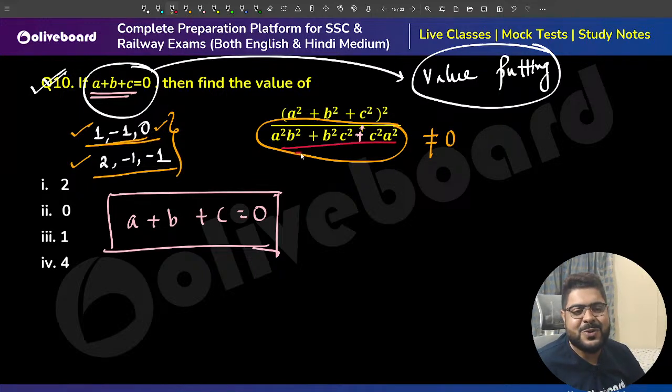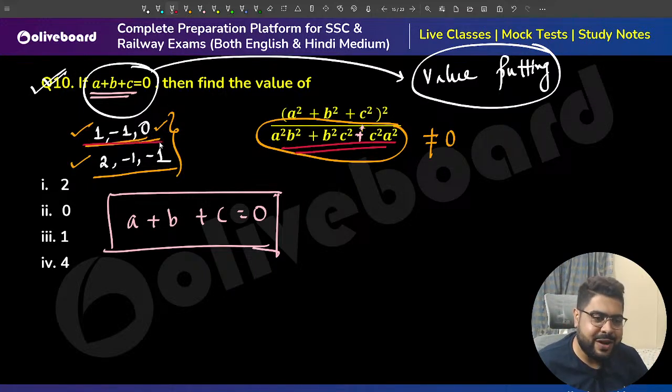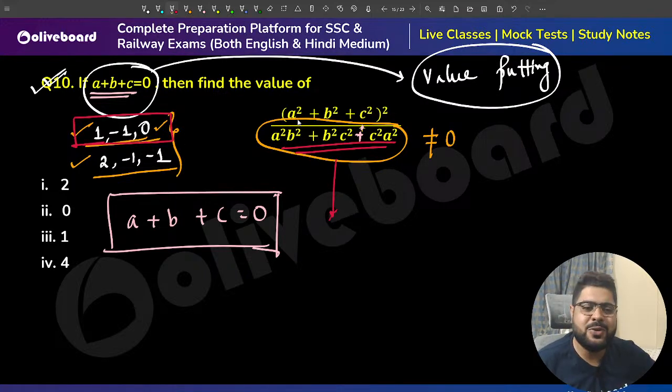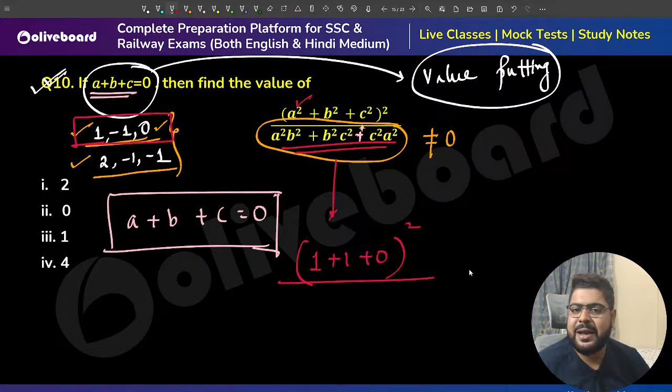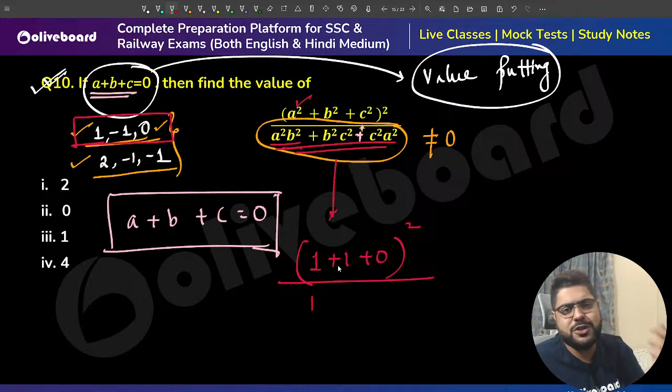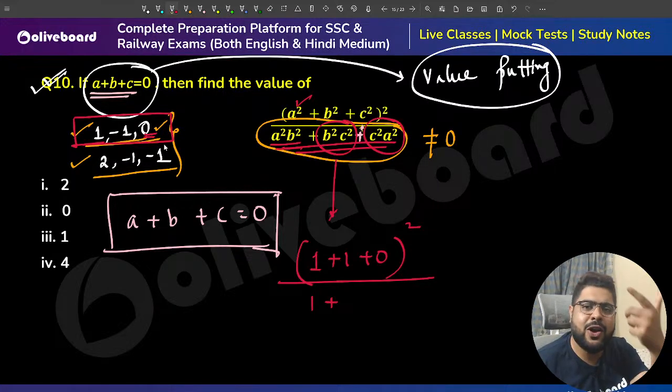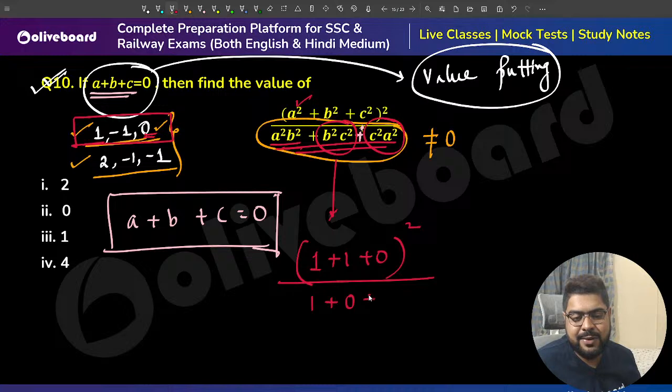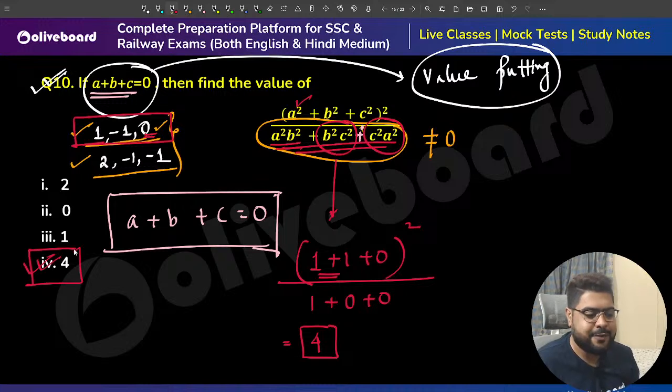Over here, there is no chance of getting 0, so I will definitely take this. a square is 1, b square, minus 1 square, is also 1, c is 0, whole square of that, divided by 1 square plus 1 square, and whatever has c with it will always be 0 because c itself is 0. It is 1 plus 1, 2 square, 4 by 1, so 4 only. Your answer to this question is option number 4, that is 4.